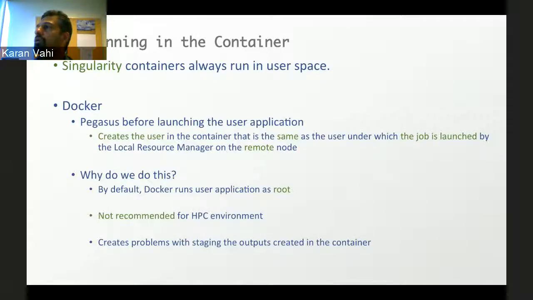So what this ensures is that we are able to stage out the outputs created in the container correctly with the correct UID and masks. And as far as the site admins go, they don't see files created with any other UID other than the user which the job was launched as.